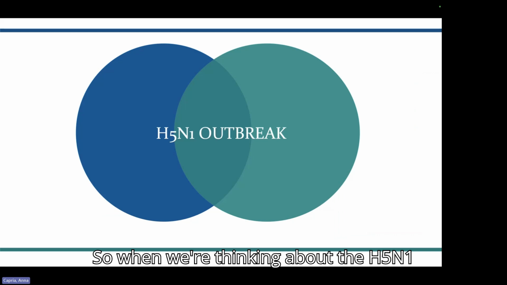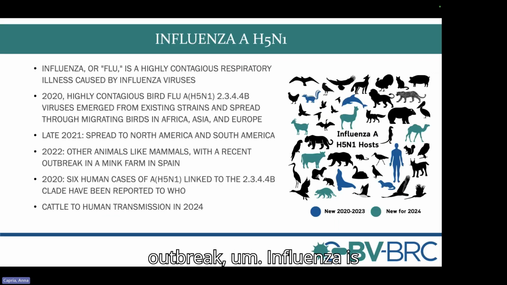So when we're thinking about the H5N1 outbreak, influenza is a highly contagious respiratory illness, and in 2020, the 2344B lineage emerged and spread through migrating birds in Africa, Asia, and Europe. Then it spread to North and South America.